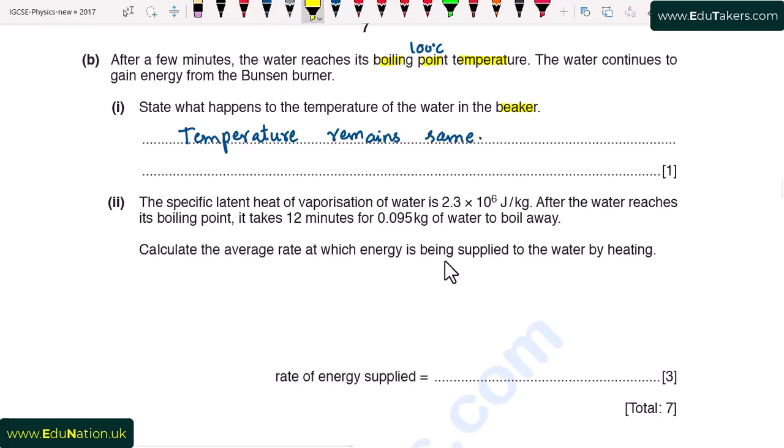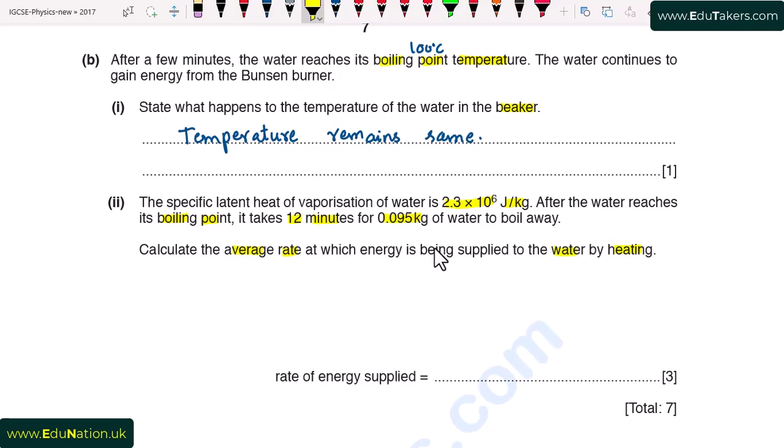Part 2. The specific latent heat of vaporization of water is 2.3 × 10^6 joule per kilogram. After the water reaches its boiling point, it takes 12 minutes for 0.095 kilogram of water to boil away. Calculate the average rate at which energy is being supplied to the water by heating.